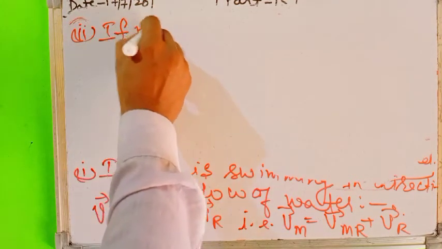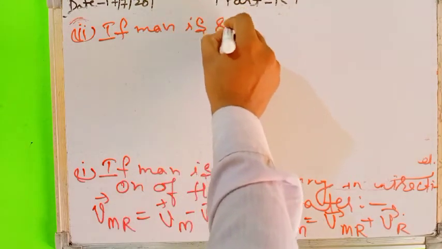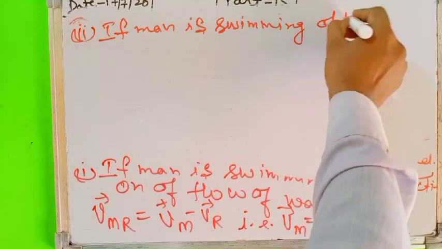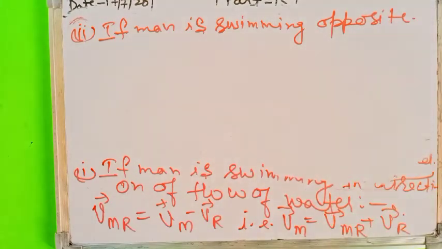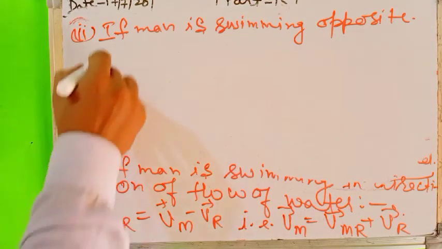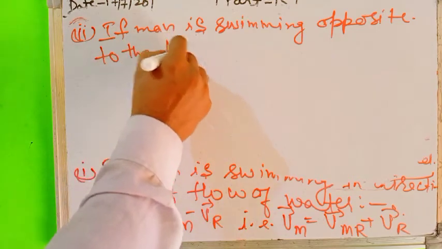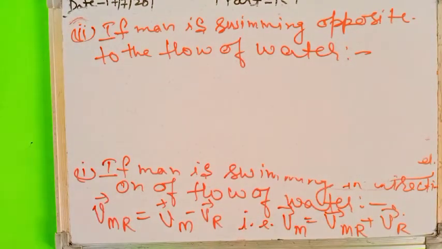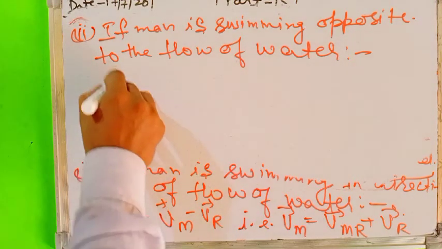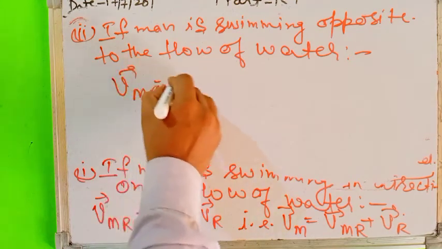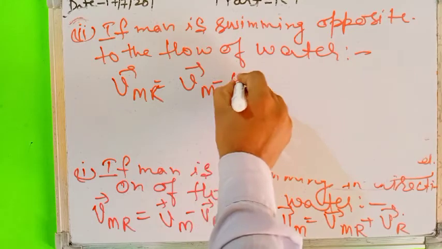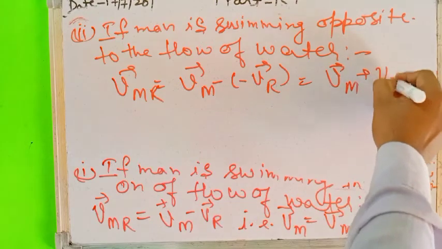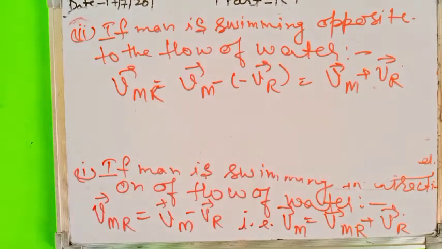if the man is swimming opposite to the flow of water, then Vmr is equal to Vm minus Vr, and it is equal to Vm plus Vr.